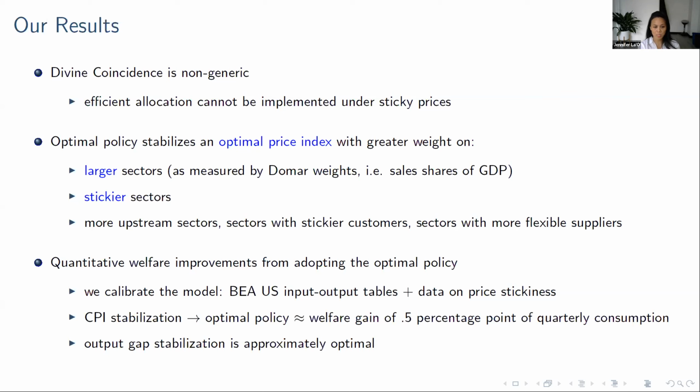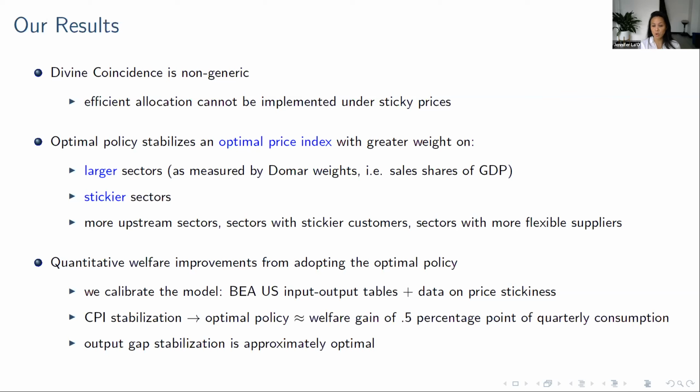The optimal monetary policy, we show, stabilizes an optimal price index with greater weights on the following factors. The two things that matter the most are how large the sectors are and how sticky the sectors are. And by large, I don't mean large in terms of their consumption share. How we measure largeness in these input-output models is really their Domar weights.